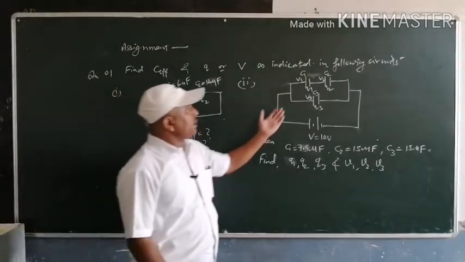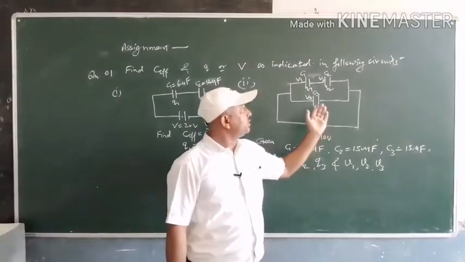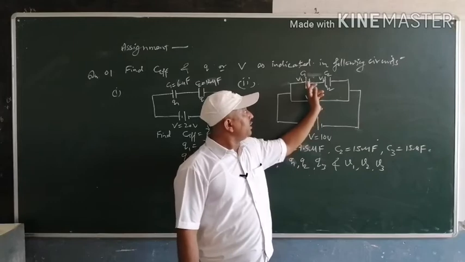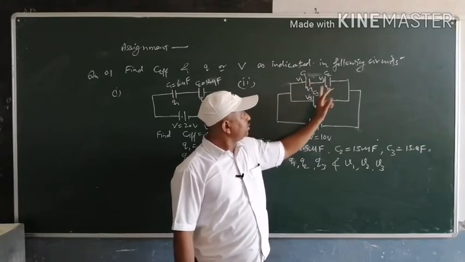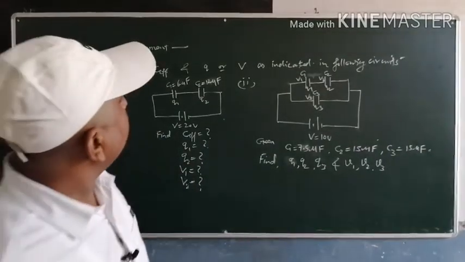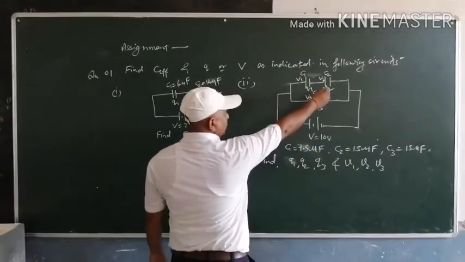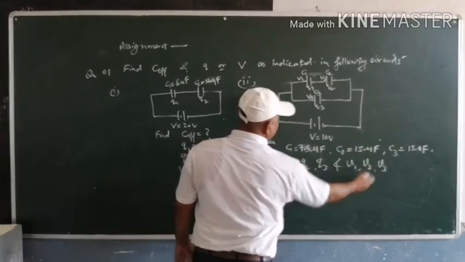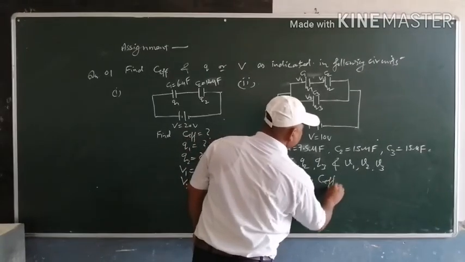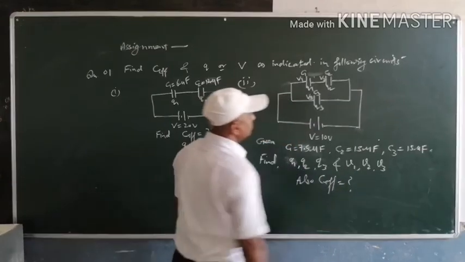You also have to find the potential across C1, C2 and C3. So find the values of Q1, Q2, Q3 and V1, V2, V3, and also the effective total net capacitance.